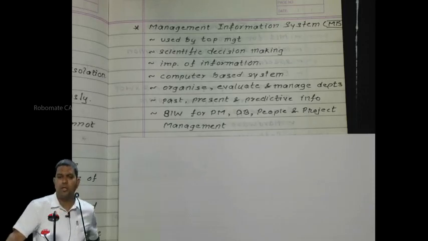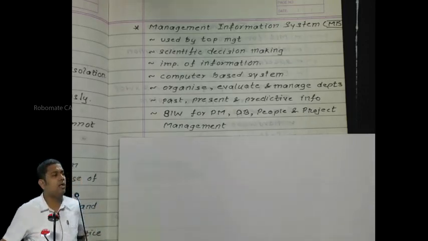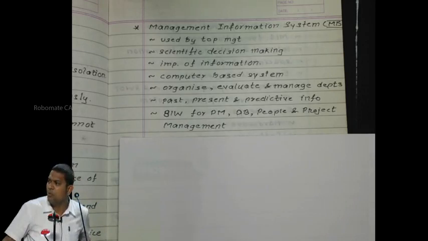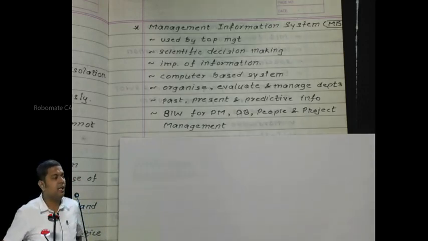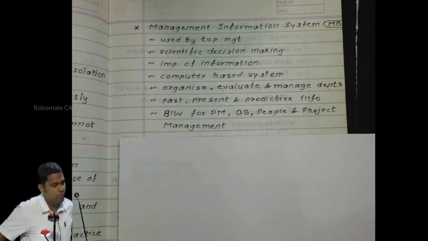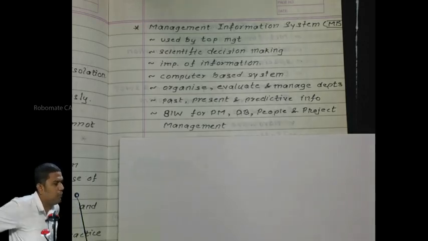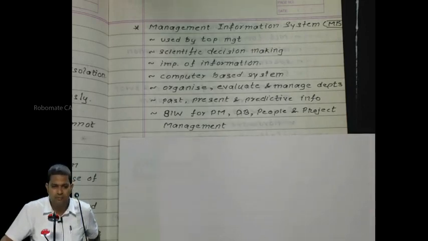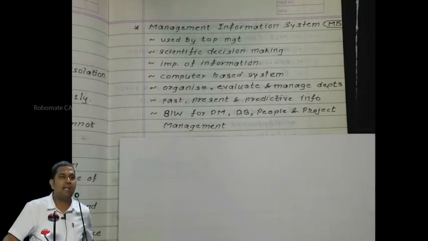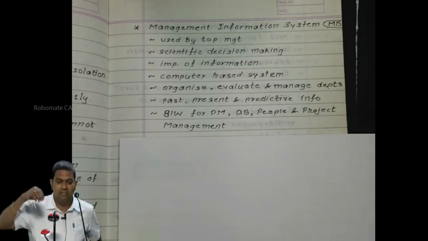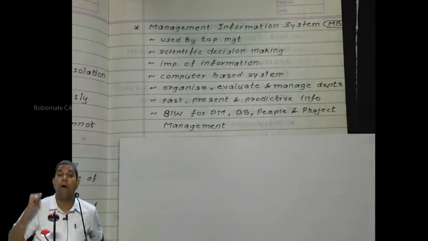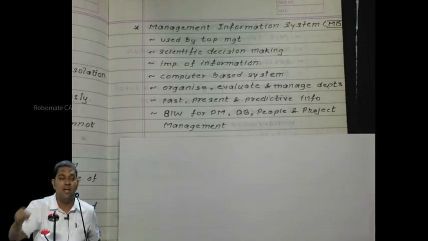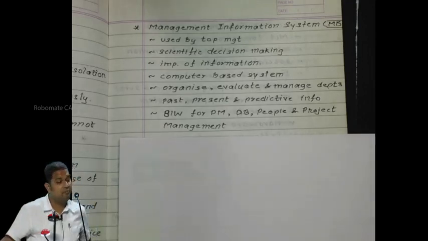So this management requires a great quantum of data, because they are thinking about the next 5-10 years. Obviously they will require information about the past 5-10 years, because based on past facts only we plan. It is said that planning is the activity of the present. It is about the future, taking into consideration the data from the past.